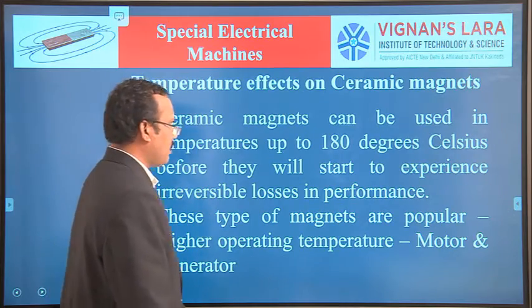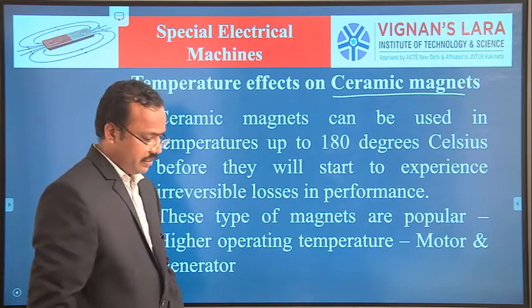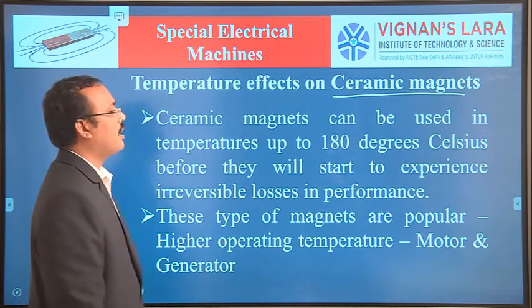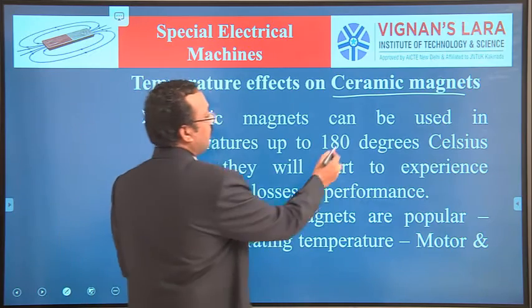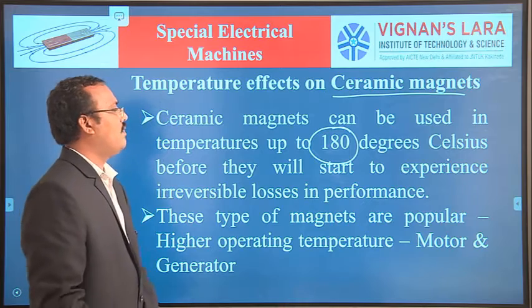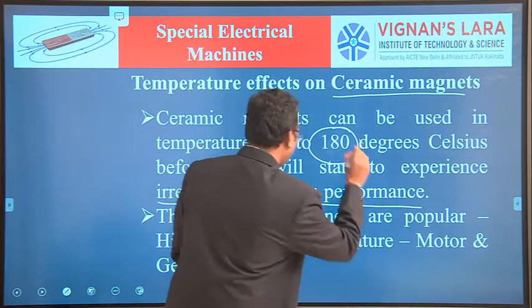The next magnet is the ceramic magnet. What is the effect of temperature on the ceramic magnet? It can be used at temperatures up to 180 degrees Celsius before it starts to experience irreversible losses in performance.